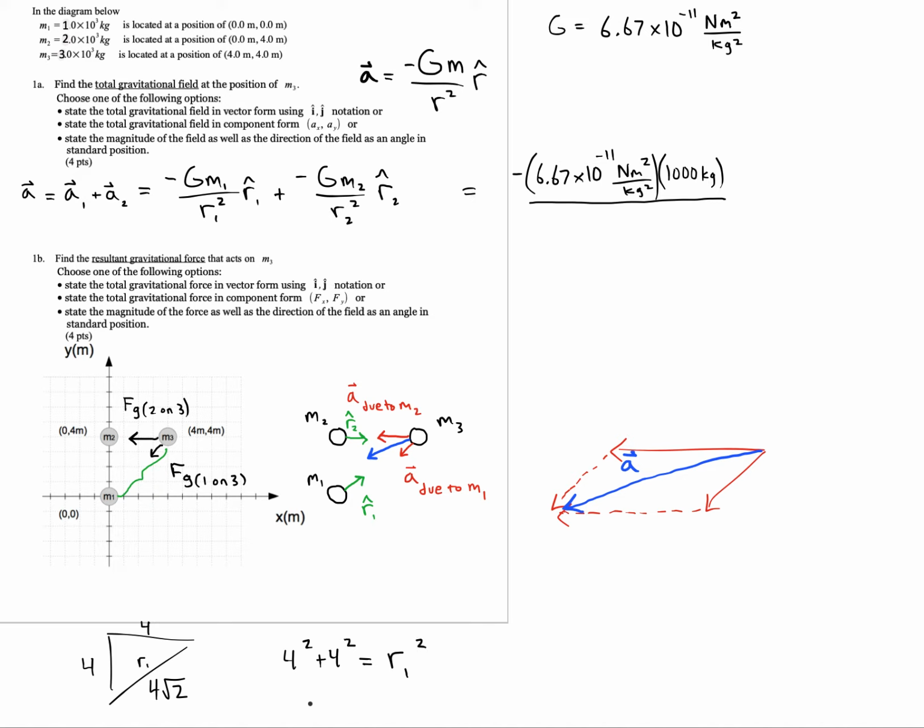And R hat is a unit vector, which means it has a length of 1. And what we're going to use then is cosine theta I plus sine theta j. So theta refers to the angle in standard position between M1 and M3.